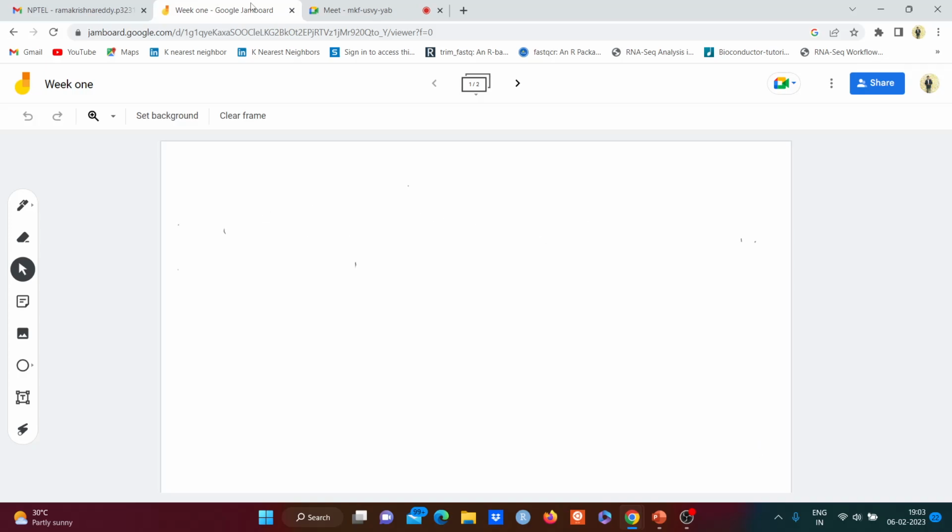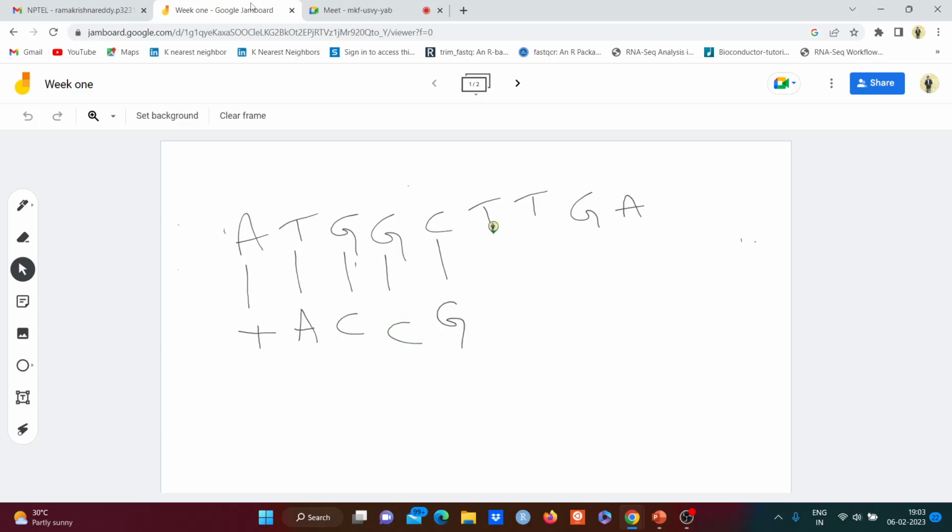The given sequence here is A, T, G, G, C, T, T, G, A. The complementary base for A will be T, for T will be A, and for G will be C, C, G, A, C, T. Since this is 5 prime, it will be 3 prime to 5 prime. So the correct answer will be B.